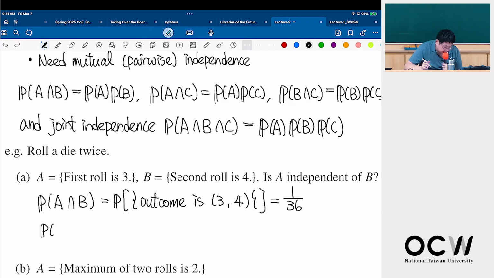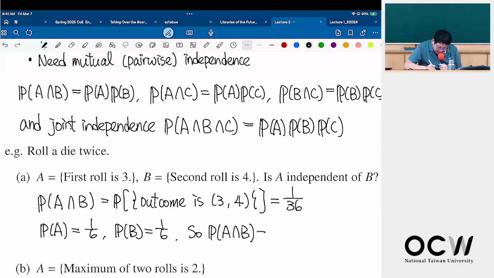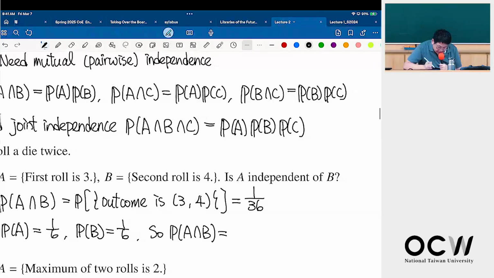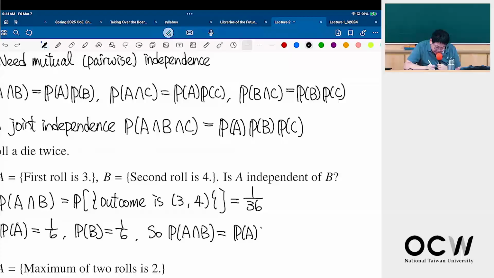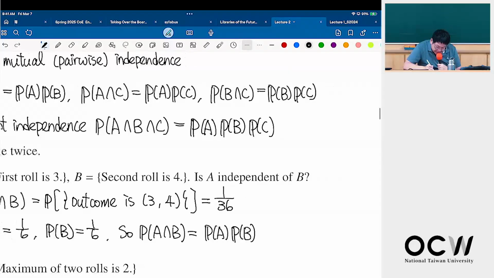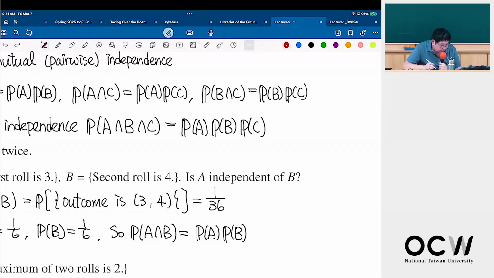And the probability of A, the first roll is 3, is 1/6. The second roll is 4, the probability is also 1/6. So the probability of A intersect B is the multiplication of probability of A times probability of B. So yes, they are independent.